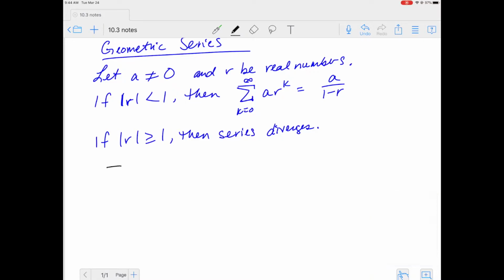My series of K is going from 0 to infinity of AR to the K. If I were to plug all of this in, this is going to be AR to the 0 plus AR to the 1 plus AR squared plus AR cubed, etc. That's my infinite series.